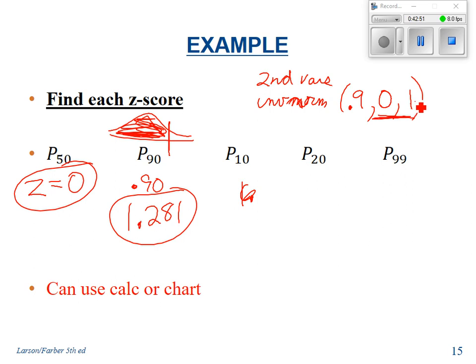I'm not sure on all the calculators, but it's probably that same way on all the calculators. If you just put in the area, it automatically puts it in as a z-score. To start with, they always have the mean as 0 and the standard deviation as 1. And you change it if you need to.